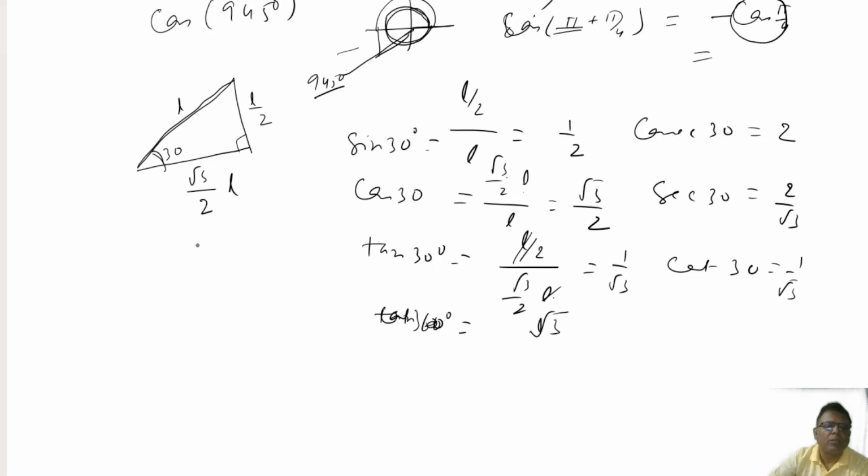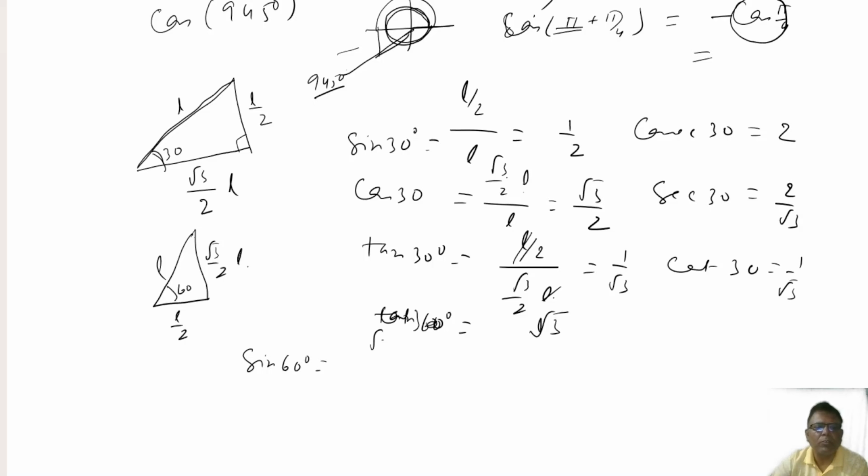So what will be the values for 60 degree? Suppose for 60 degree, this is L, then this is L by 2, and this is root 3 by 2 L. So sin 60 degree is equal to root 3 by 2 L divided by L, that is equal to root 3 by 2.